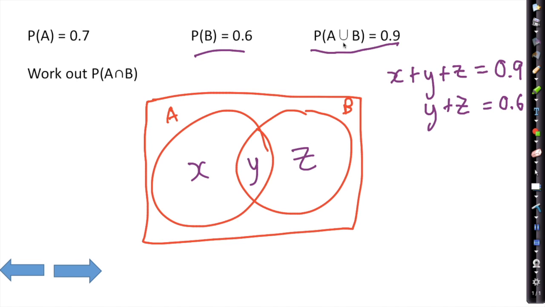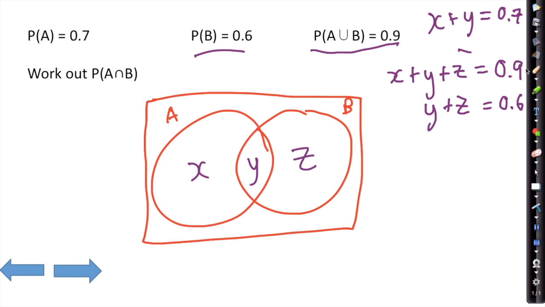So, recap: A union B means all of this stuff, so that's why I said X, because it's there. X plus Y plus Z is 0.9. Y plus Z, because we said the probability of B, is both the intersection and the crescent, and it is 0.6. From here I could also get a statement about A, which would be X plus Y equals 0.7. However, we won't actually need that just yet.